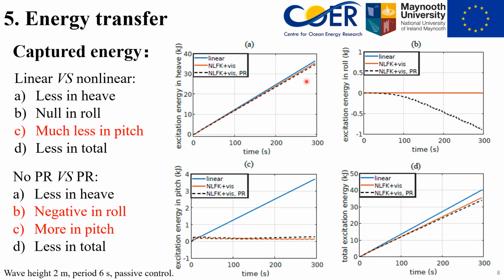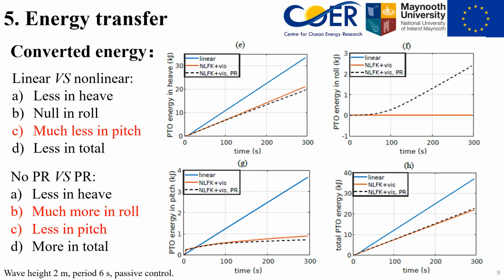When parametric resonance occurs, the captured power is slightly less in heave. Very interesting, it is negative in roll and slightly more in pitch. In total, the captured power is slightly attenuated by parametric resonance.